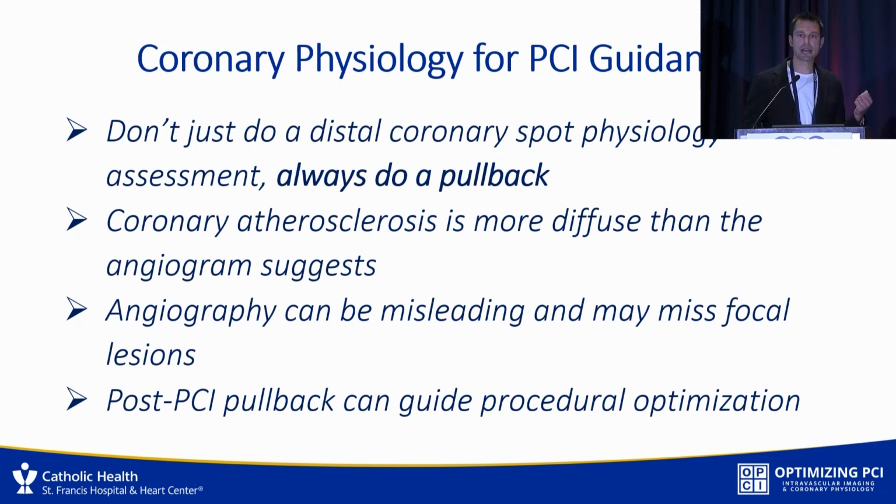Always do a pullback so you can really understand the character of disease. Coronary atherosclerosis is always more diffuse than the angiogram will suggest. And that's why physiology can often unmask these focal lesions, which we can improve with PCI. And post-PCI physiology will help you to check your work and see any areas for optimization. Thank you very much.